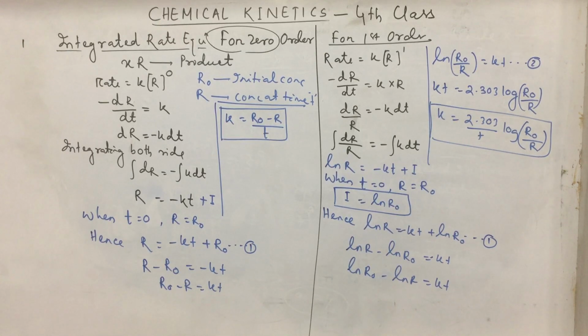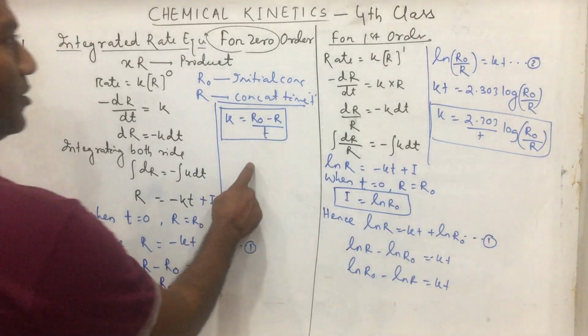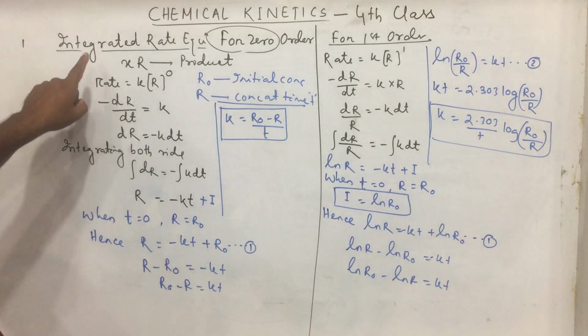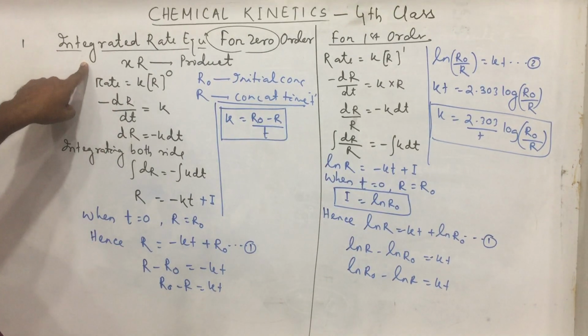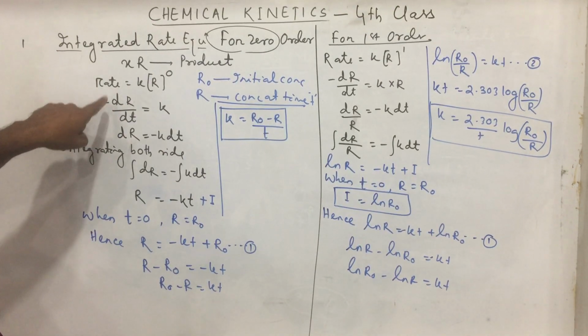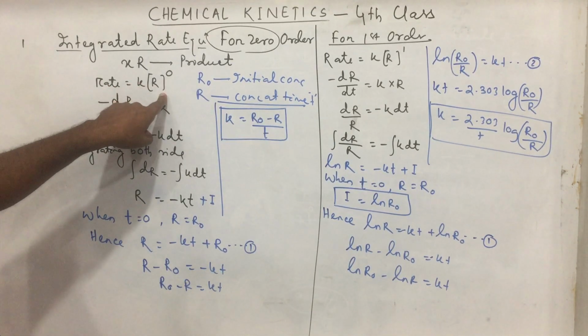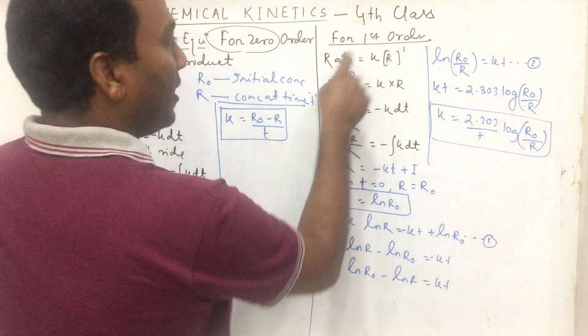This is for which order? This is for first order. Similarly, K equals R naught minus R divided by t. This is for which order? For zero order reaction. What is zero order reaction? The reaction in which rate does not depend on concentration of the reactant, as it is to the power 0. But what is first order?